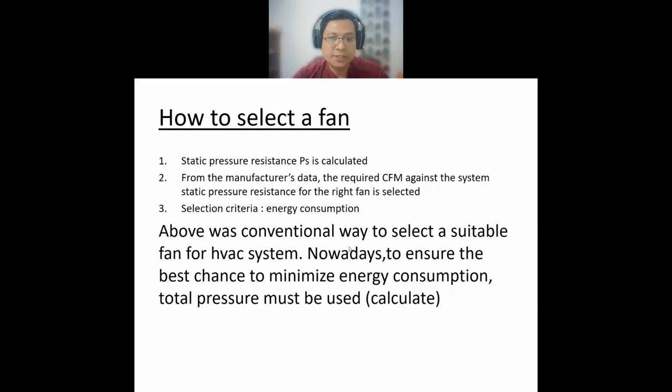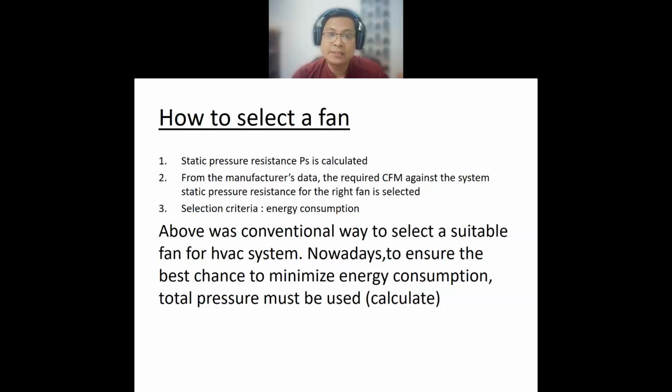The above was the conventional way to select a suitable fan for a hatchback system. Nowadays, to ensure the best chance of minimizing energy consumption, total pressure must be used. Nowadays they try to select the fan with low energy consumption.